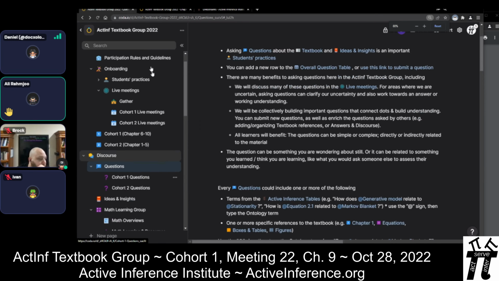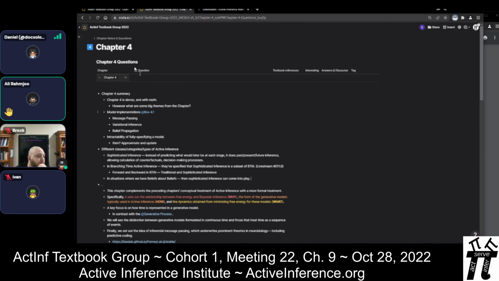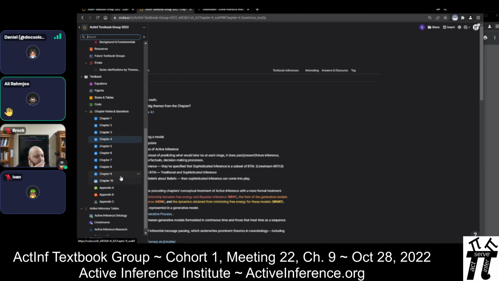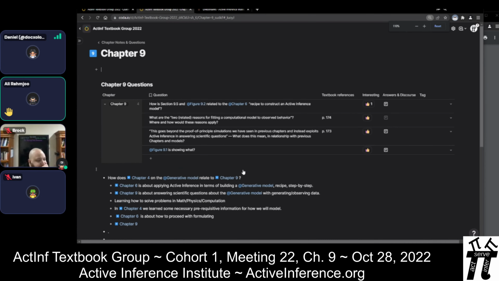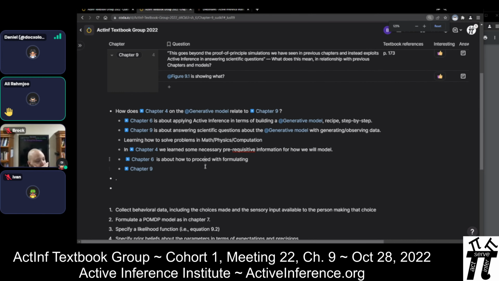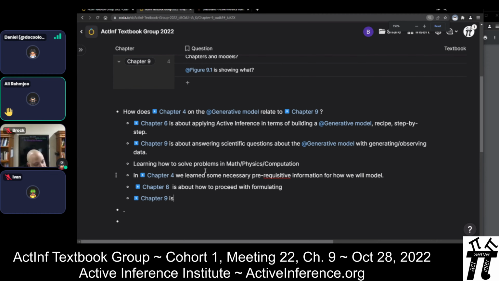So I somehow think of Chapter 9 as a kind of case study, or a solved problem section of this textbook. And I don't know how much that captures their nature.